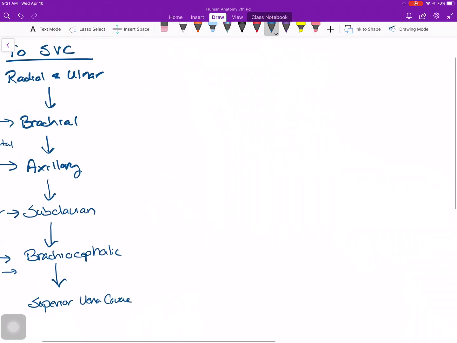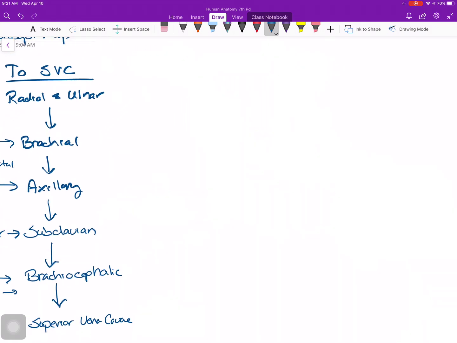All right, so now let's take a look at coming to the inferior vena cava. So to the IVC. All right, for the inferior vena cava, we're going to be going from the bottom, so we're going to start out from the anterior and posterior tibial veins and the fibular veins, which all go in.